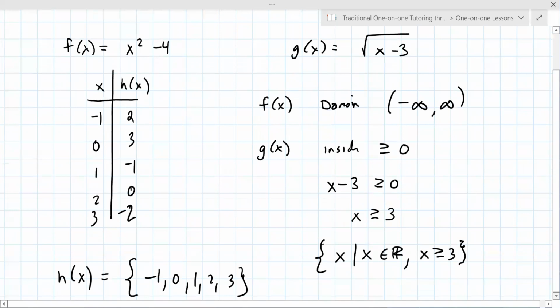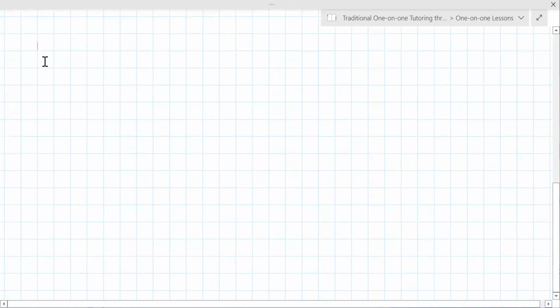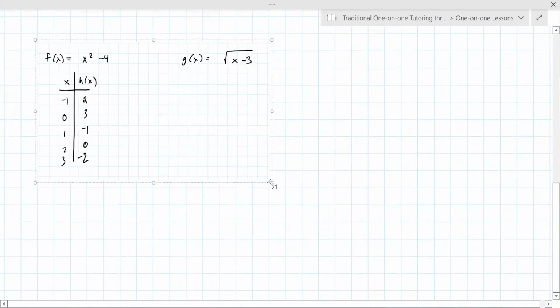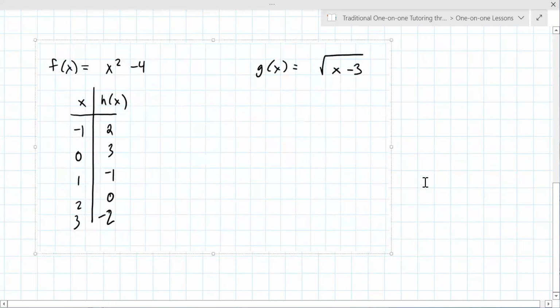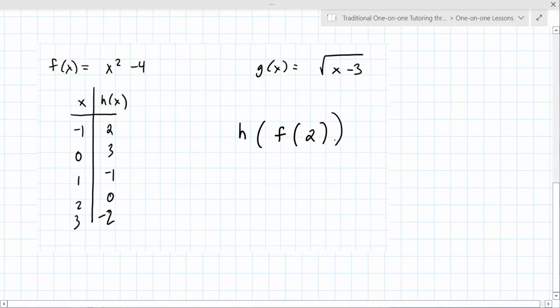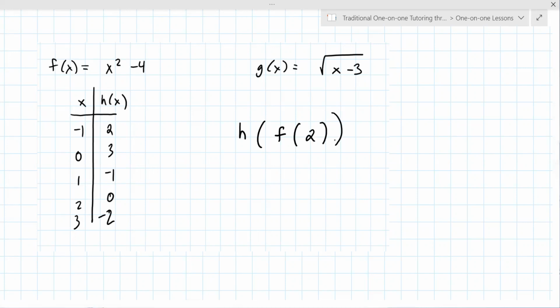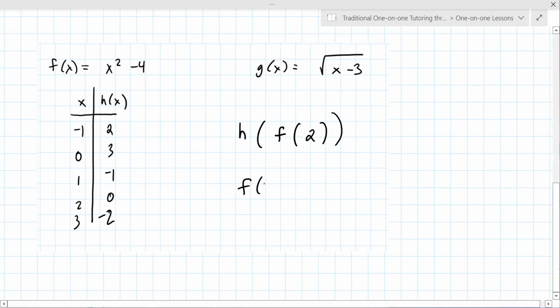Okay, so I'm going to scroll down here. I'm going to paste in these functions and we're going to find h of f of 2. So which do you do first, h or f? F. F of 2. So you first find f of 2.